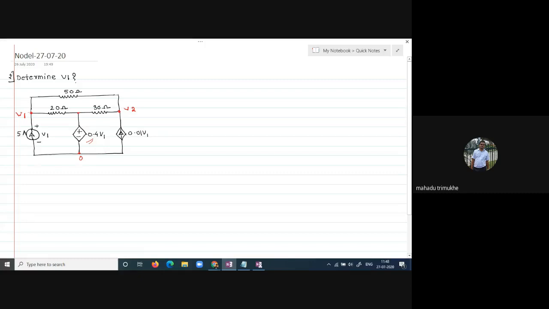Okay, so we mark the current flowing through the first branch as I1, here I2, here I3.